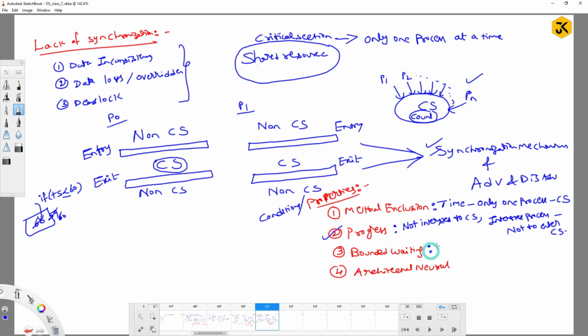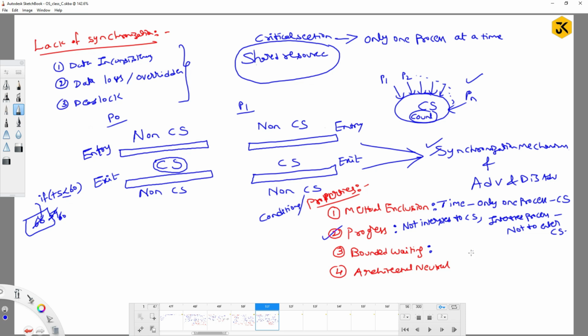And bounded waiting. Bounded waiting means, in general, you should not make a process wait a long time. They should not wait for a long time to enter into the critical section. For example, there are two students, and I am always allowing student 1 inside the classroom, but student 2 is not allowed, which in terms of student 2, is bounded waiting.